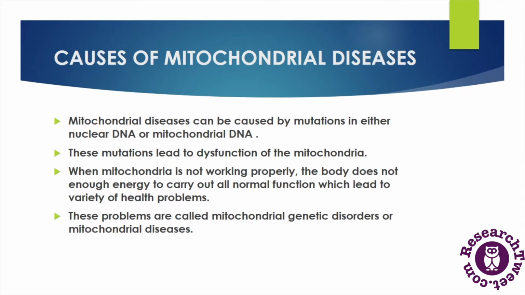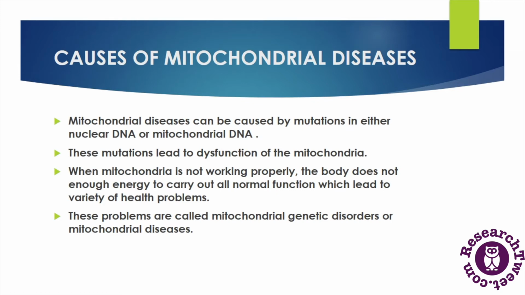Now let's understand the causes of mitochondrial diseases and why these disorders take place. These diseases can be caused by mutations in either nuclear DNA or mitochondrial DNA. The mutations lead to the dysfunction of the mitochondria, and by this process it causes many diseases which are called mitochondrial diseases.